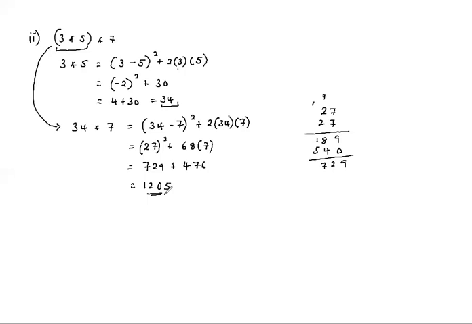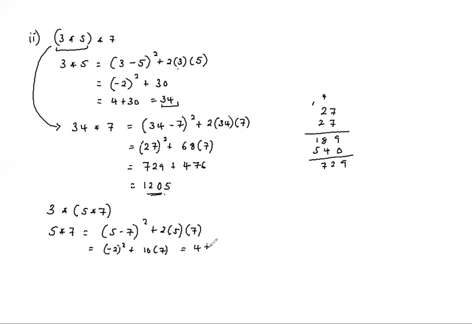So we have that. Now let's switch. We also find 3 star, 5 star 7. So first we'll start with 5 star 7. So which is 5 minus 7 squared plus 2 times 5 times 7. So this is negative 2 squared plus 10 by 7, which is 4 plus 70, which is 74.